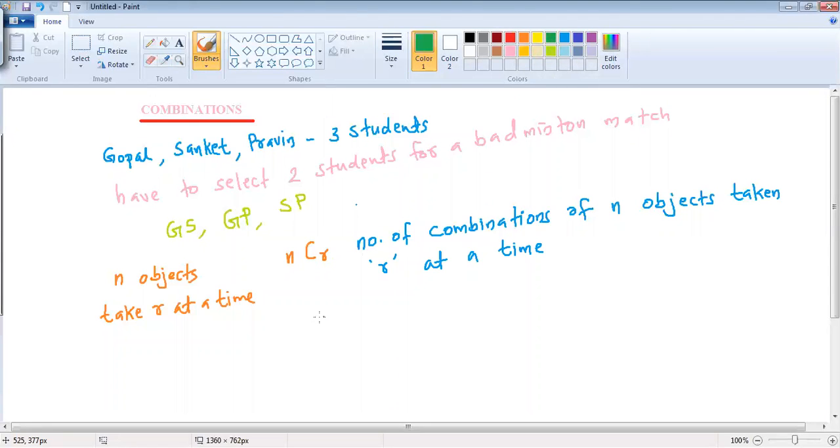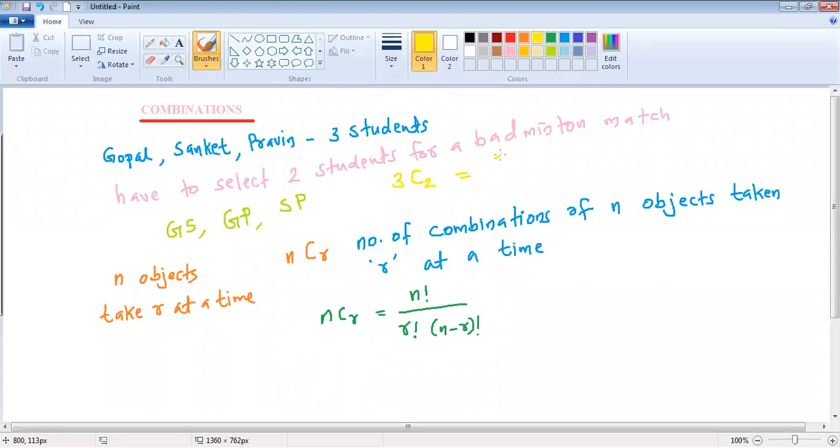So there is a formula. nCr is n factorial divided by r factorial into n minus r factorial. So for this problem, you can see that there are three students, you have to select two students. So 3C2 ways.